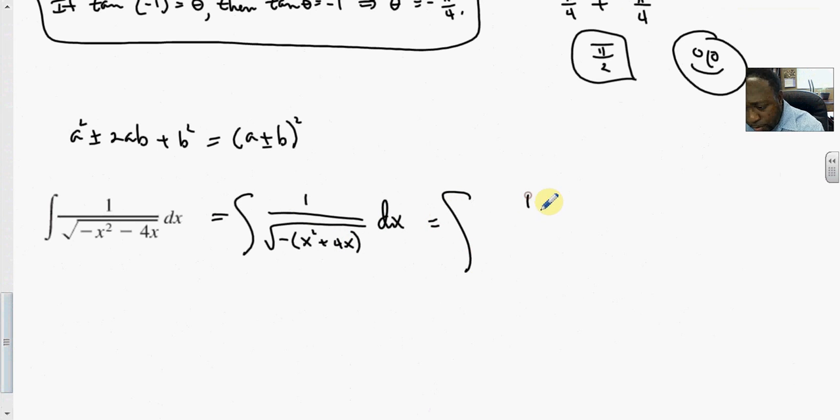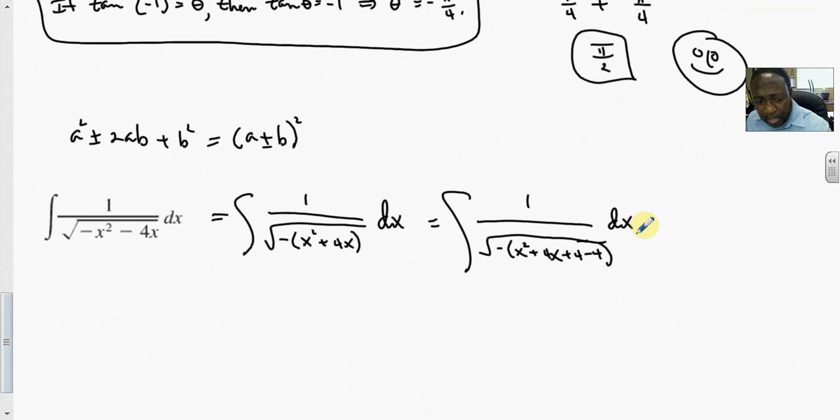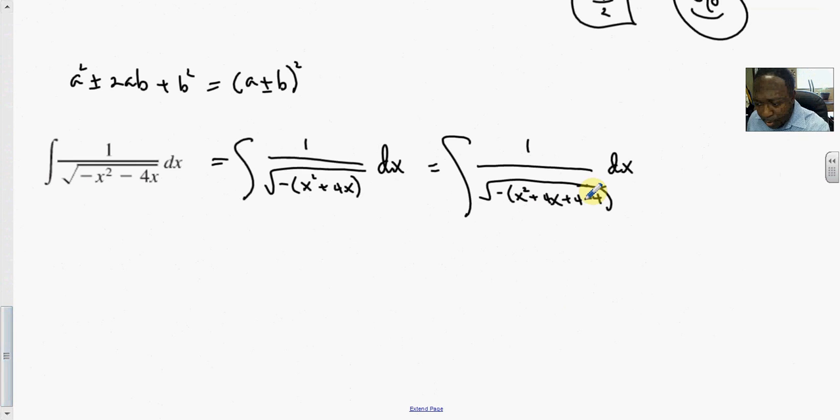It's the integral of 1 over the square root of negative x squared plus 4x. Take half of 4, we get 2. We square it, so we add a 4 and subtract a 4 right where we are. Take the negative part out.